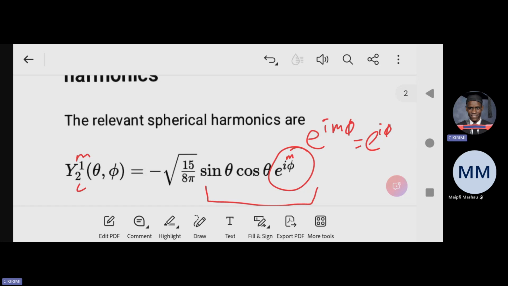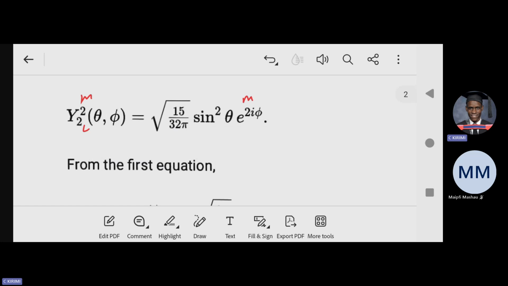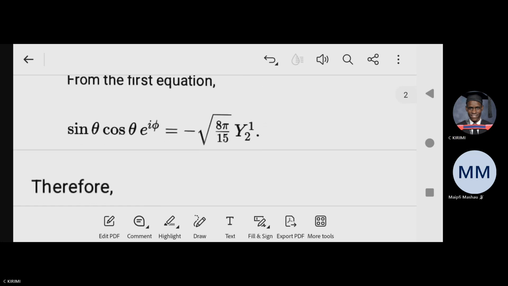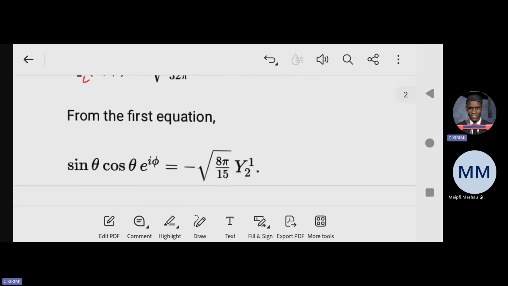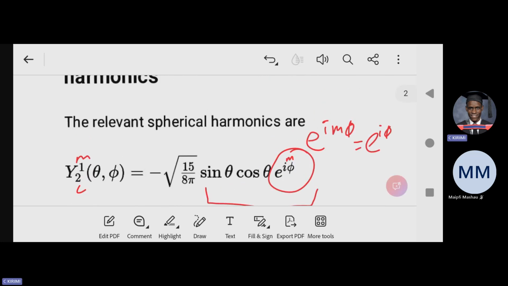And from the first equation, sine theta e to the power i phi is equal to negative root of 8 pi over 15 multiplied by Y, the spherical harmonics, where m is 1, l is 2. So you are rewriting this equation, which is here.